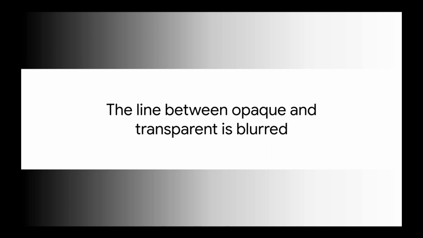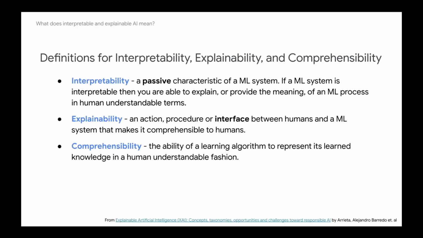And when you get into what is explainable AI or what is interpretable AI, the definitions and the terms are often swapped around and can be a bit confusing. But in one paper I read, I really appreciated the way that they defined these terms.